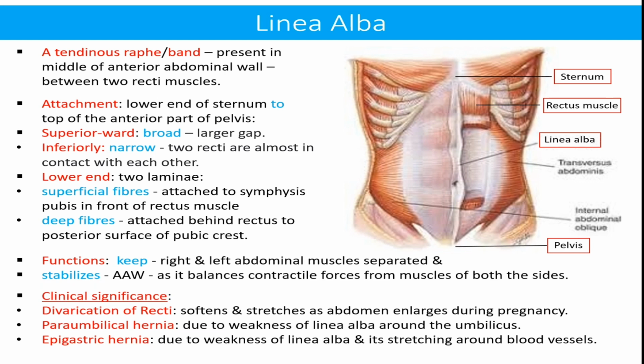Second are para-umbilical hernias. This type of hernia occurs due to weakness of the linea alba around the umbilicus. Third variety is epigastric hernia, which occurs due to weakness of the linea alba and its stretching around the blood vessels.